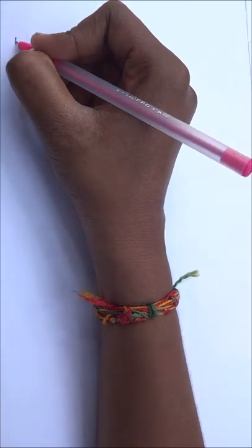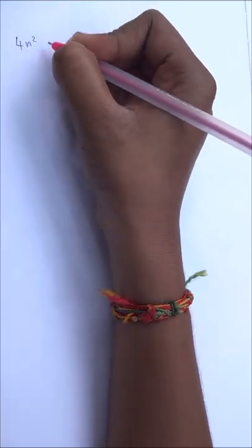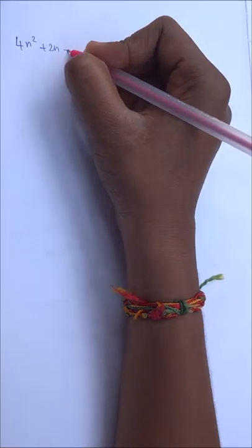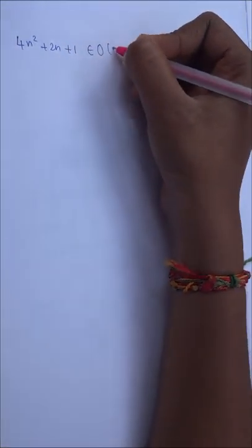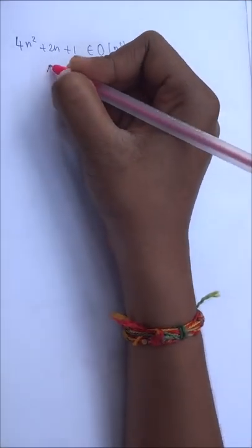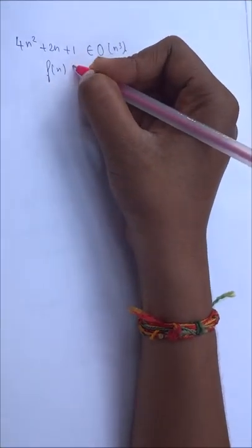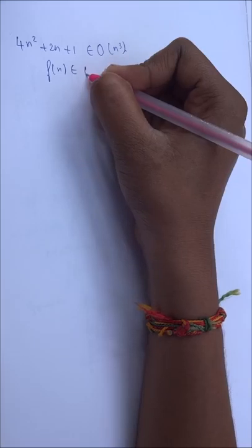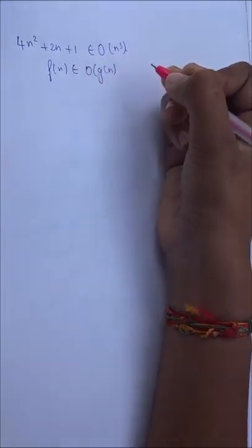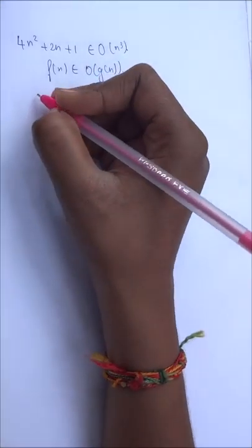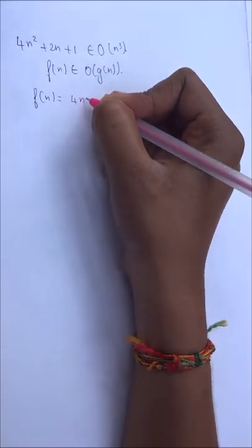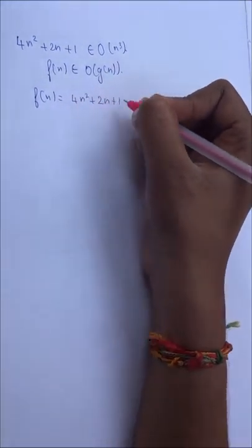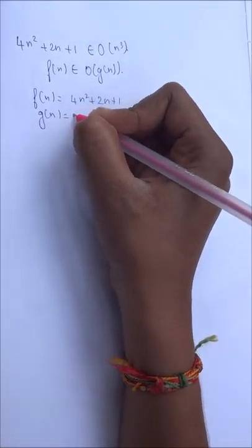Let's see an example. 4n square plus 2n plus 1 belongs to big O of n cube. Compare this with f of n belongs to big O of g of n. So f of n is 4n square plus 2n plus 1 and g of n is n cube.